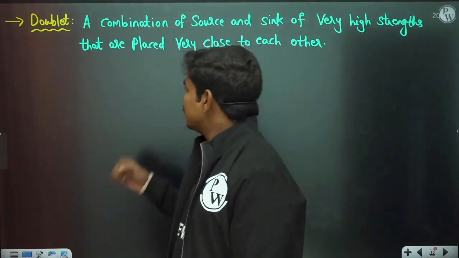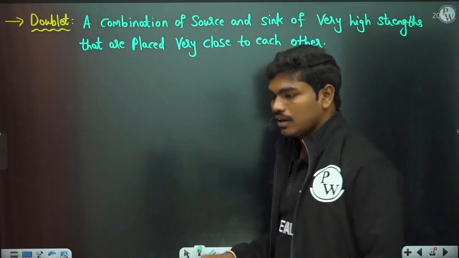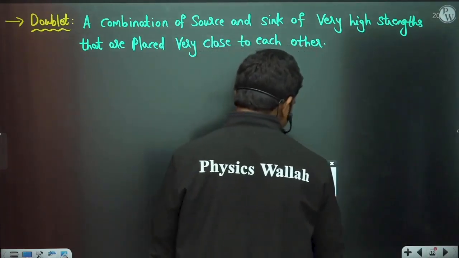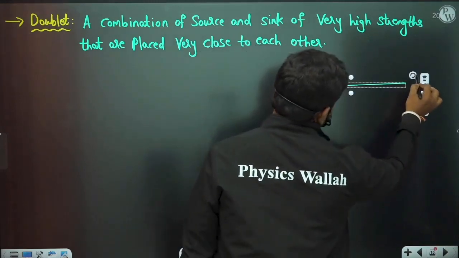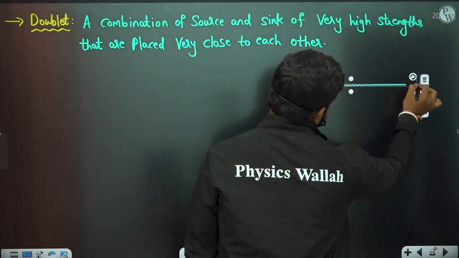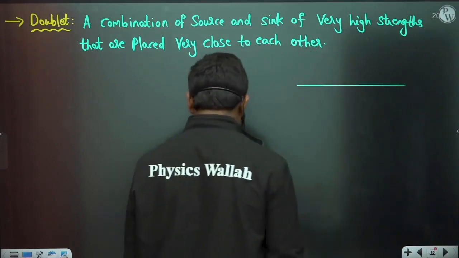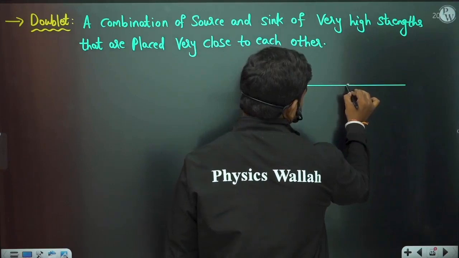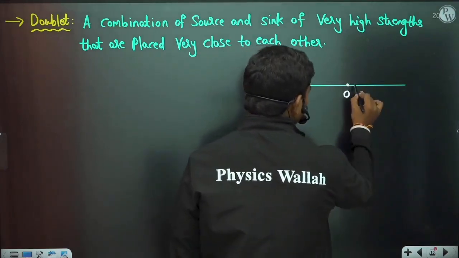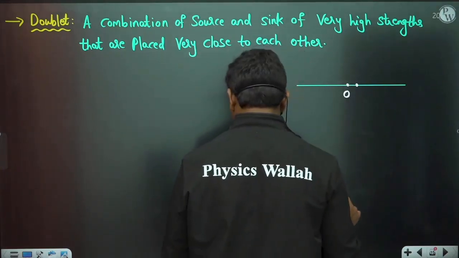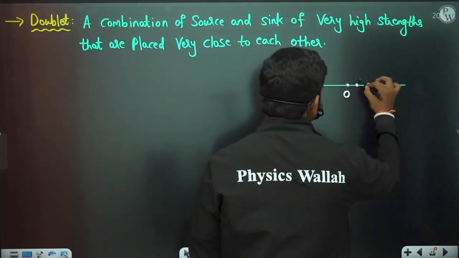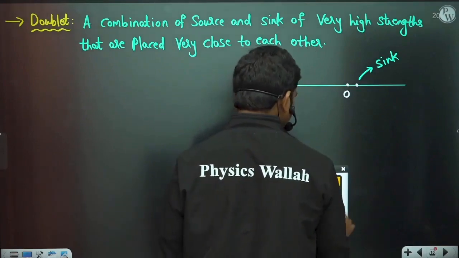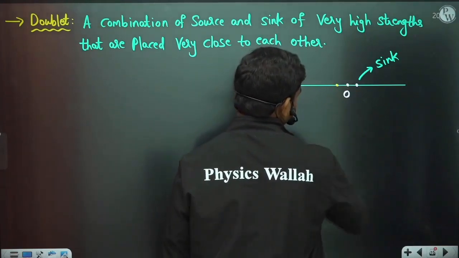Here, this is a combination of a source and a sink of high strengths placed very close to each other. Let us suppose this is the horizon. Suppose you have placed one sink at this point, and you have placed one source somewhere here.